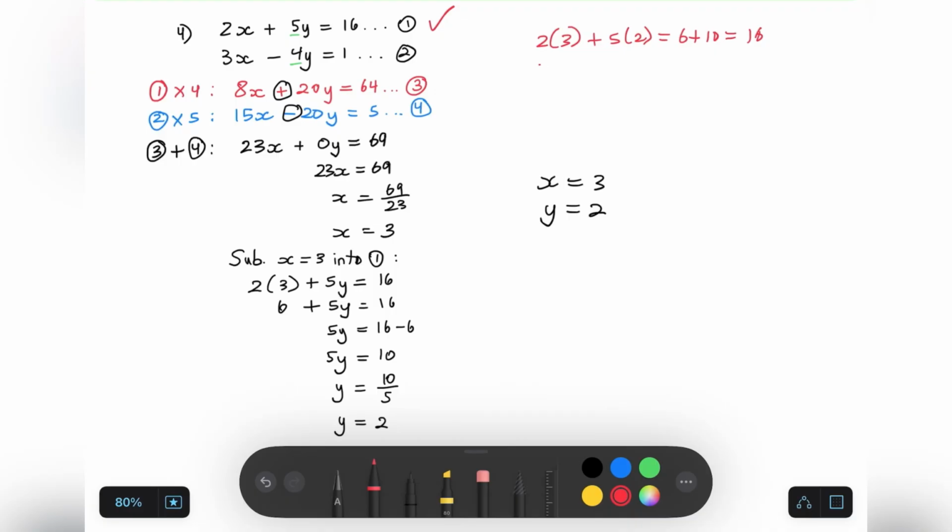And then 3 by 3 minus 4 by 2 is 9 take away 8, which is 1, right? So it works in equation 2 as well. Therefore, my answer is correct.